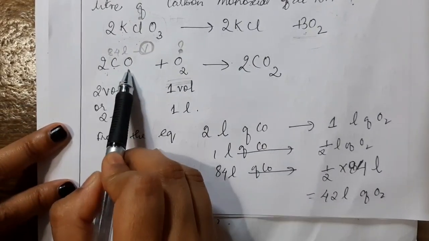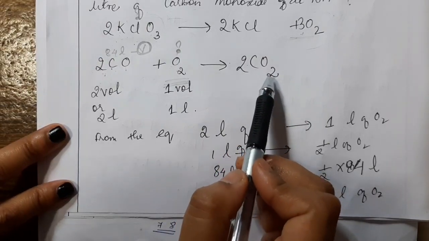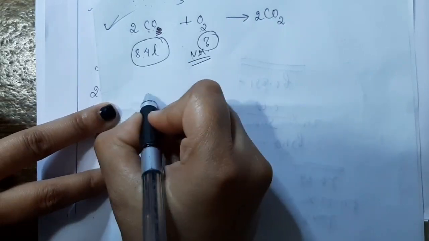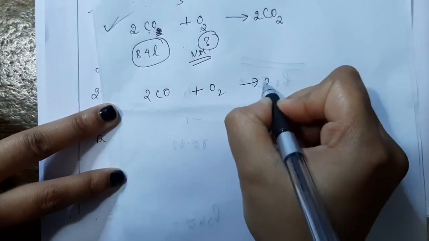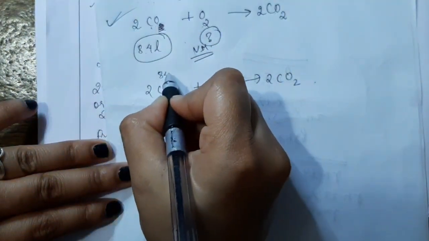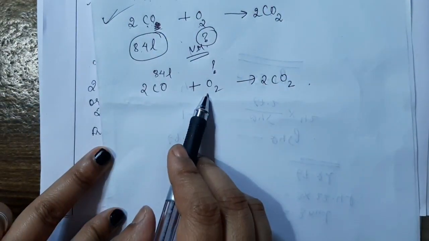2 CO plus O2 is giving you 2 CO2. Now you are given 84 liters, and you have to find out the volume of O2.